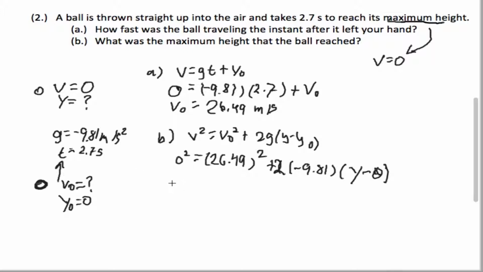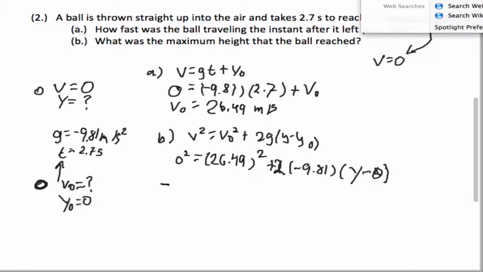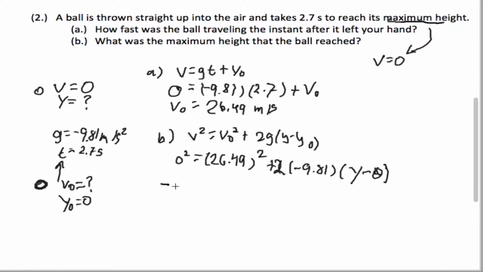So now what's going to end up happening is I'm going to end up getting on one side negative 26.49 squared, which is negative 701.72. And that's going to equal negative 19.62 times y.